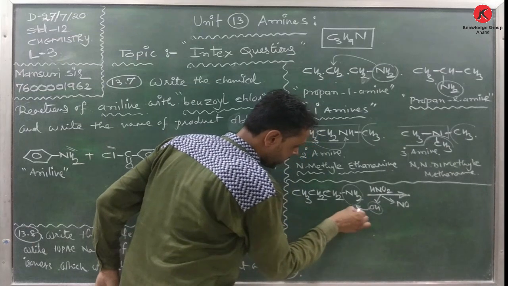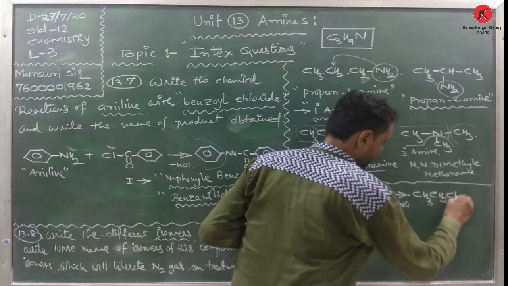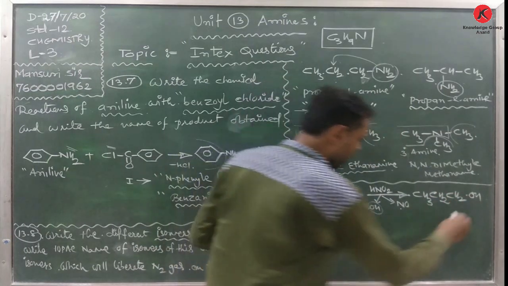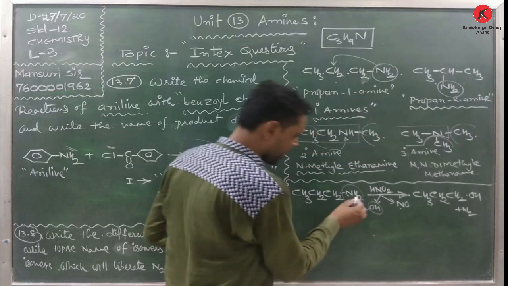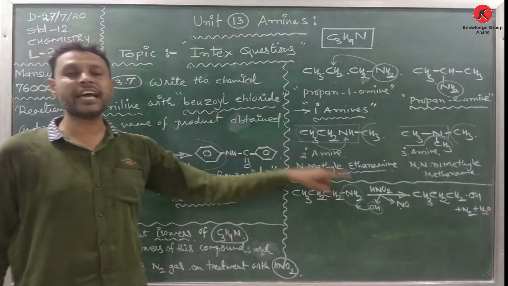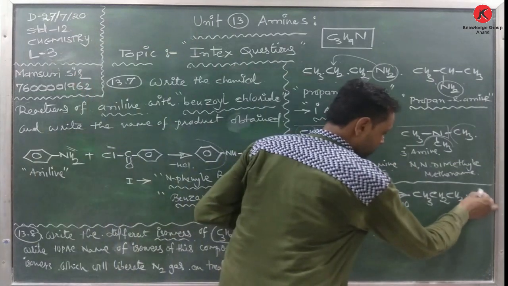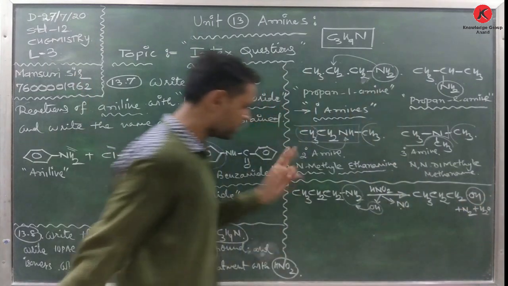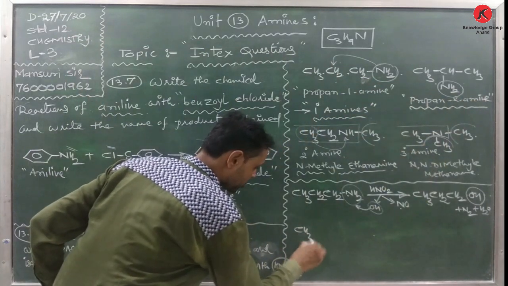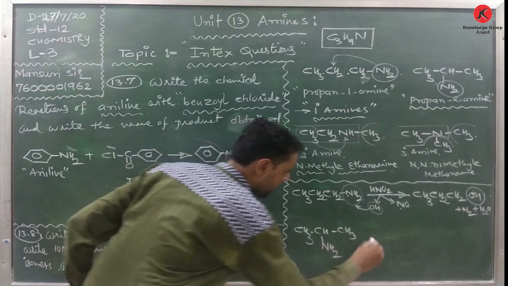Now OH will go to this side, so propane 1-ol will be formed, CH3CH2CH2OH plus N2 and H2O. So we can say that the primary amine reacts with nitrous acid and forms propane 1-ol. Thereafter, for propane 2-amine, CH3, CH, CH3 and NH2 is there.